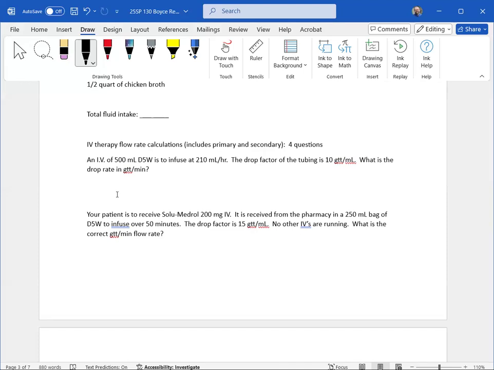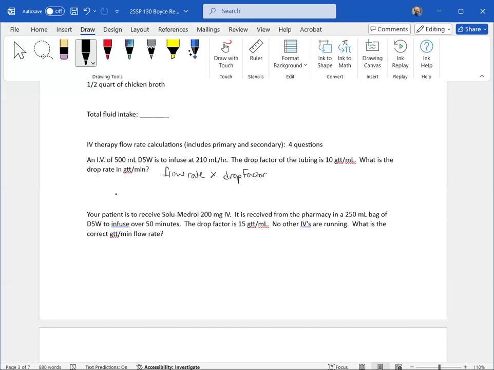So in order to calculate drop rate, you need two pieces of information. You need to know the flow rate, and you need to know the drop factor.